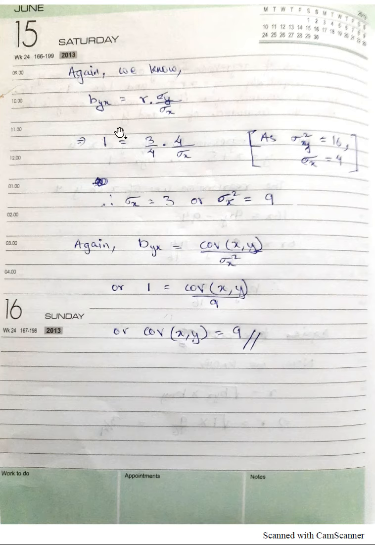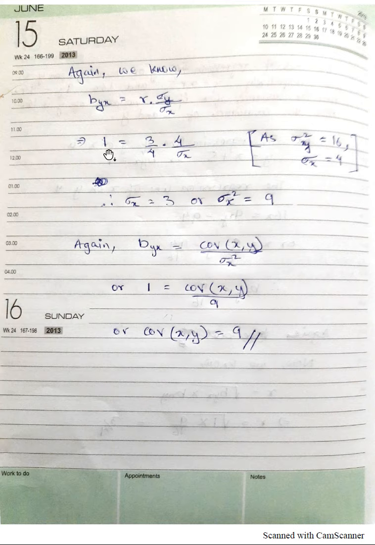Now we again know the formula that the coefficient of regression of y on x can be written as r into sigma y divided by sigma x. So we put the value of byx that we found, the value of r that we found, and the value of sigma y that we are already given.